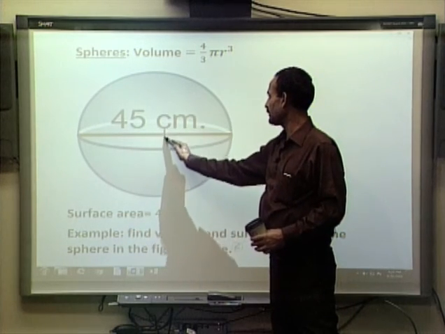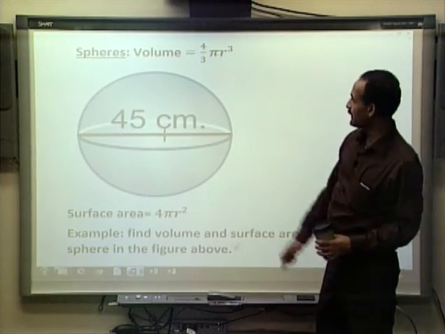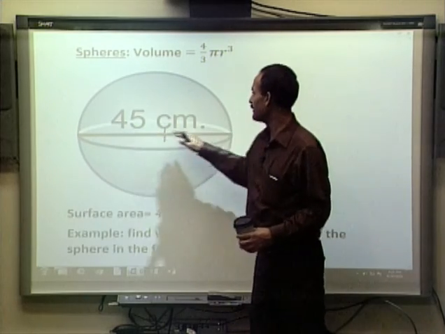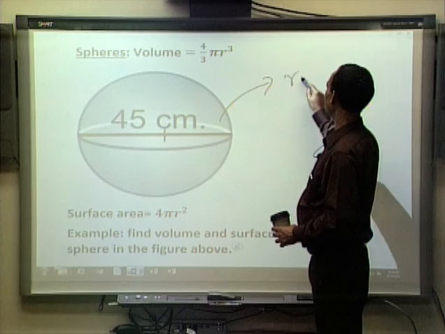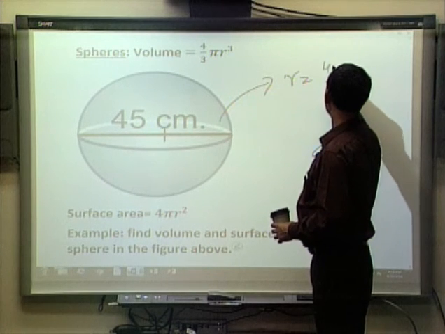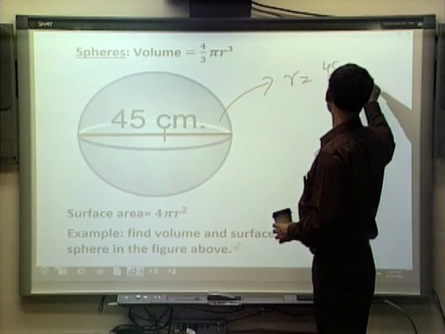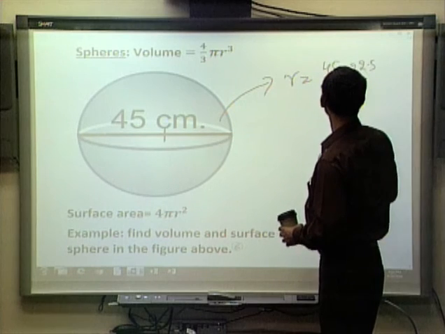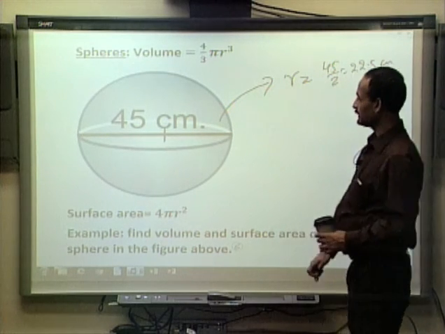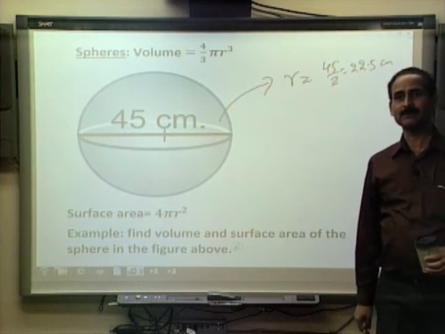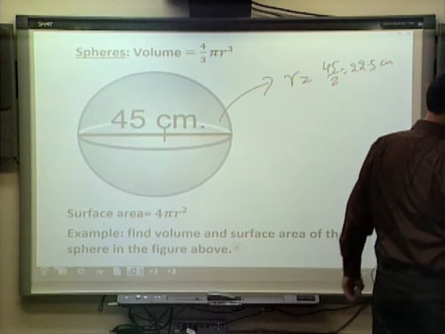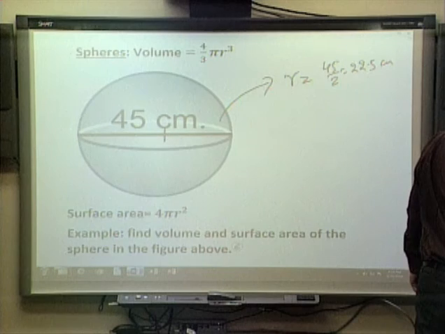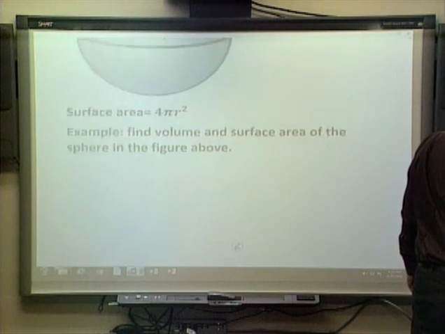So for this sphere shown here, because the diameter is 45 centimeters, the radius is 45 by 2. So that is 22.5 centimeters, and the surface area for a sphere is given by 4 pi r square.